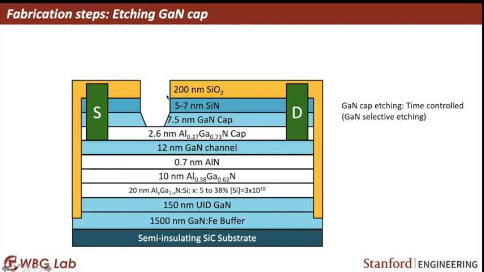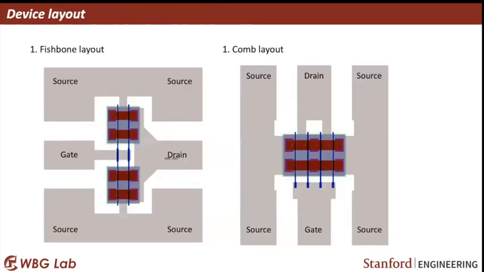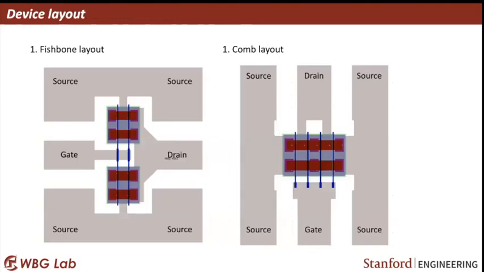I just wanted to give a feel that it takes about one month to get from there to this step. Then we take it for different characterization. And this is a cross section, right? From the top, when you see the device, it will look like this.